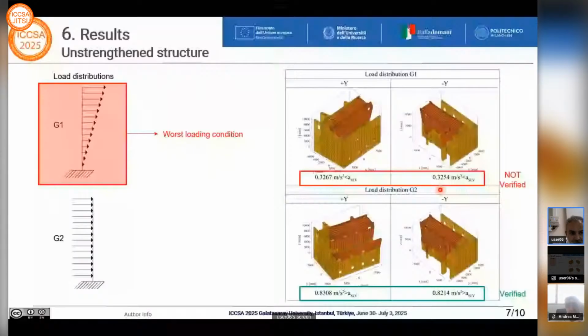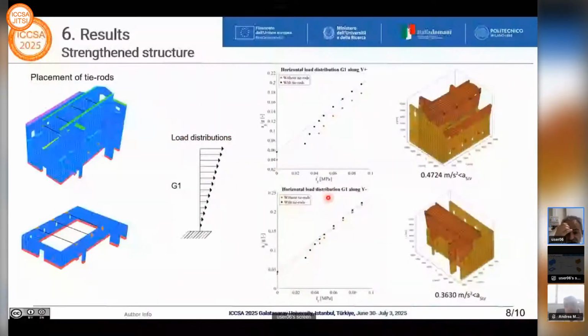when we use limit analysis? The most straightforward technical way to decrease the vulnerability is to place tie rods. So Accolade allows us to place the tie rods that we desire, and let's see the response of the structure.